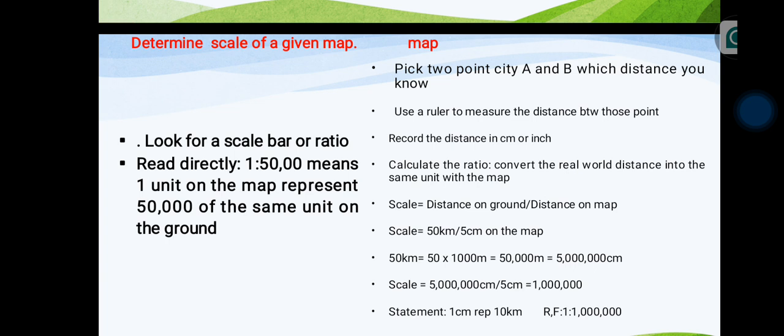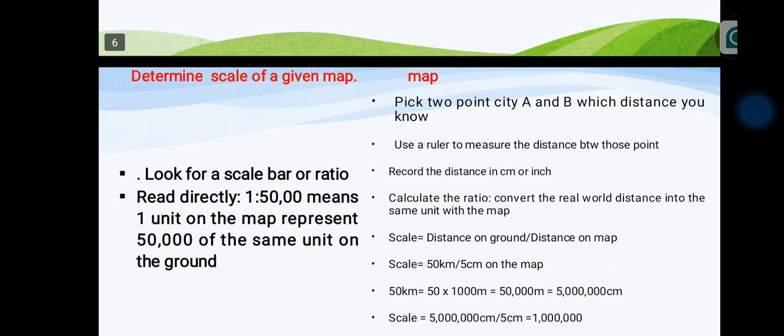Next, if you are to determine the distance, how to determine distance from a given map. One, you pick 2 points, city A and B, whose distance you know.